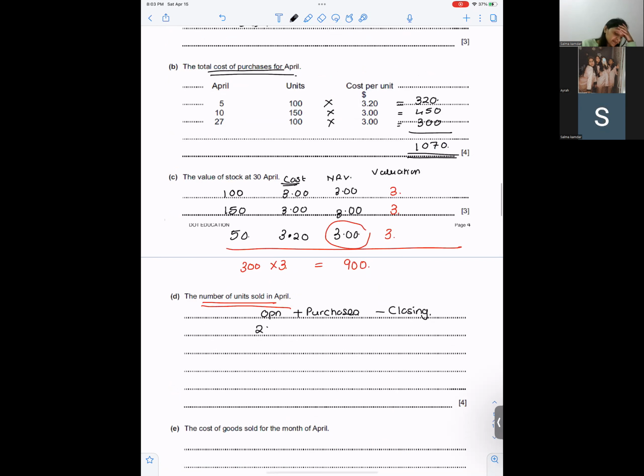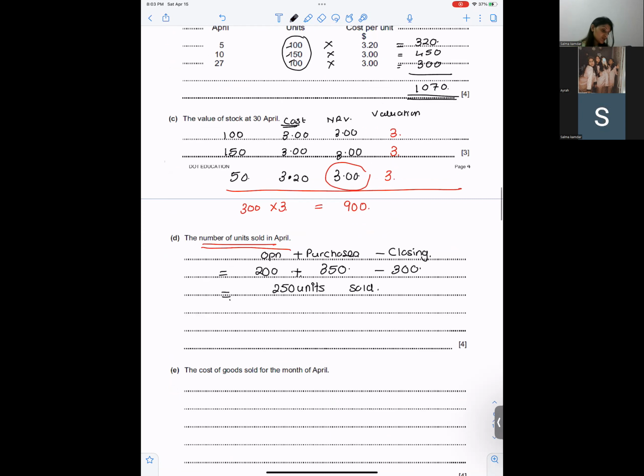How many units did you purchase? 350. What is the closing units that you have? 300. So what is the number of units that you have sold? You have sold 250 units.